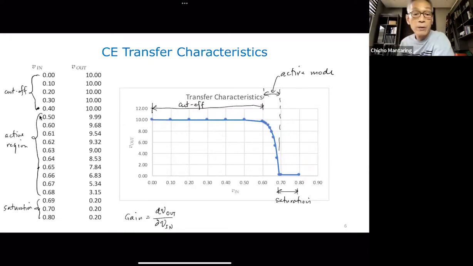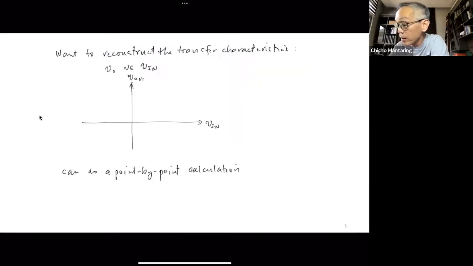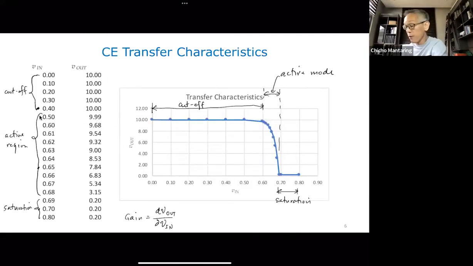So the rate of change of your output over the rate of change of your input. Anyway, you can make the adjustments in your notes. Which is approximately equal to delta V out over delta V in, evaluated at your point of interest.